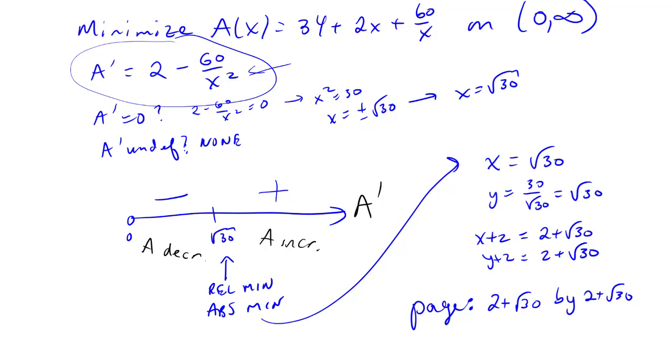Now that's interesting because they're saying that basically if you want this printed item, this page, to minimize the amount of paper used, that you should make it square. Now most of our books are not square because there's a lot of other things that go into the reality of this.